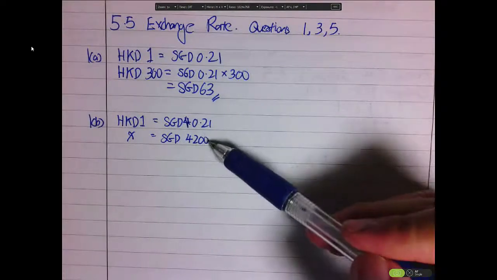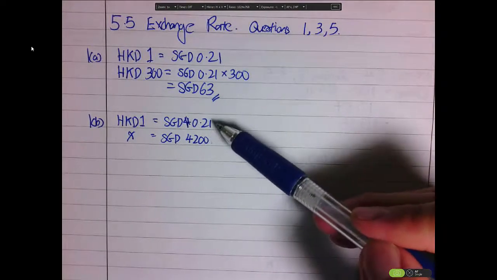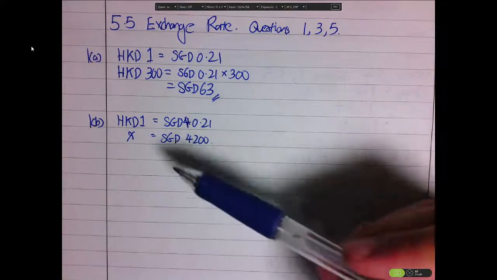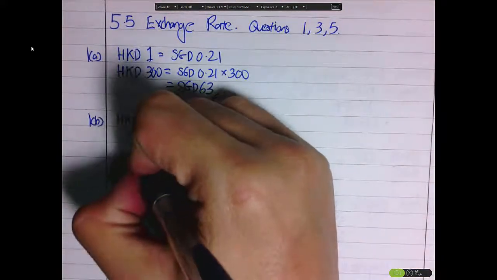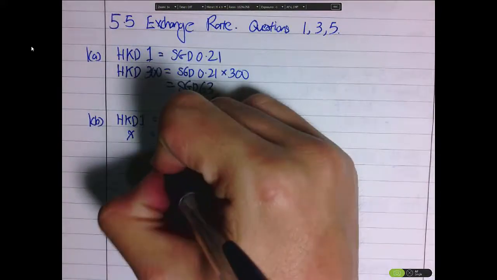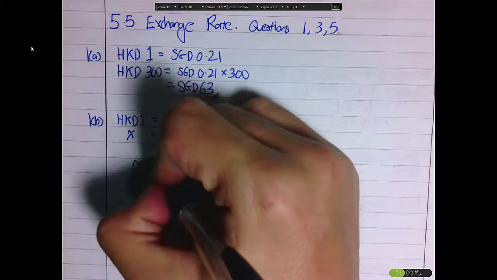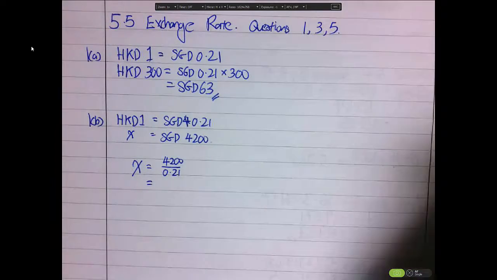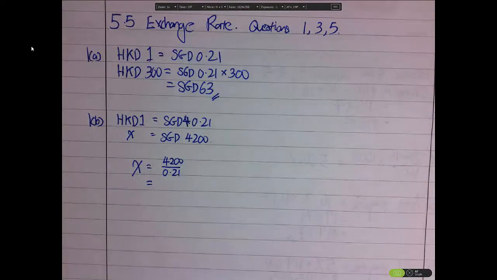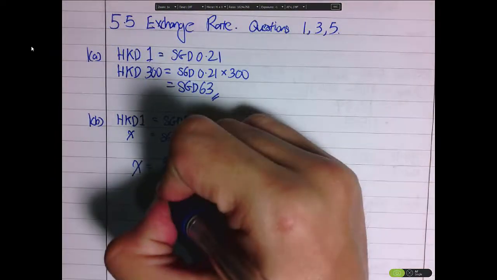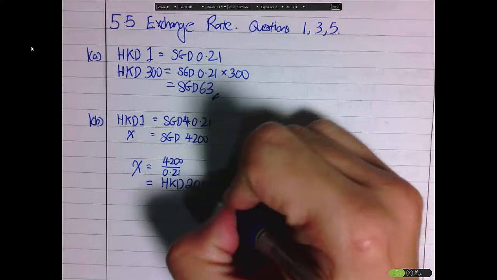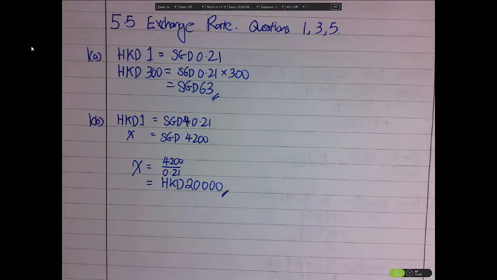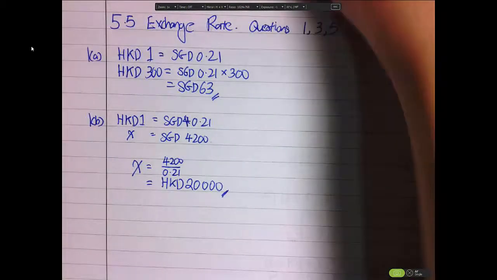If I want to work backwards, I just take 4,200 divided by 0.21, X over 1. So basically, just working backwards, my Hong Kong dollars is equal to 4,200 divided by 0.21. And you'll get 20,000 Hong Kong dollars. And that's it for question 1A.